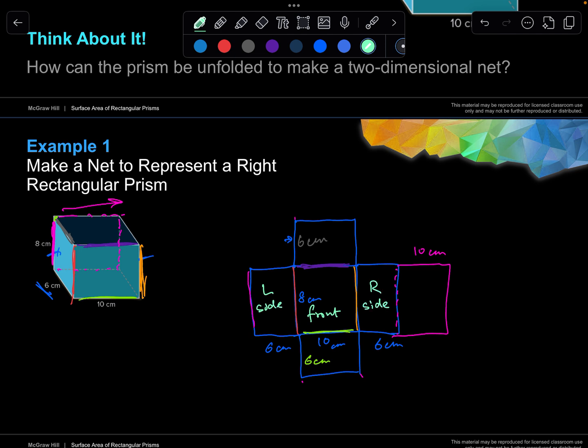This is the right side. This is going to be the back. This over here will be the top. And this is the bottom. And then you label each side. This is 6 centimeters. This is going to be 10 centimeters. And then this over here is, again, 10 centimeters. This dimension is 10 centimeters.